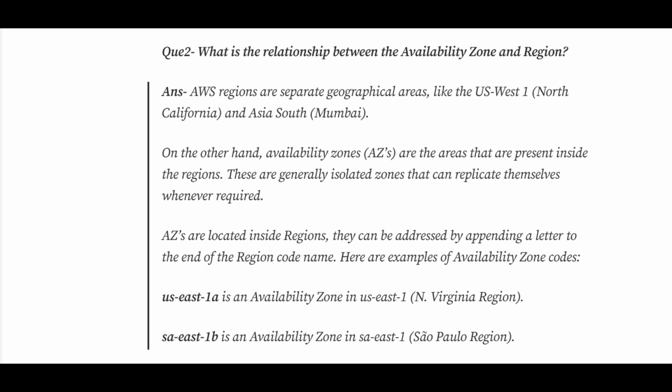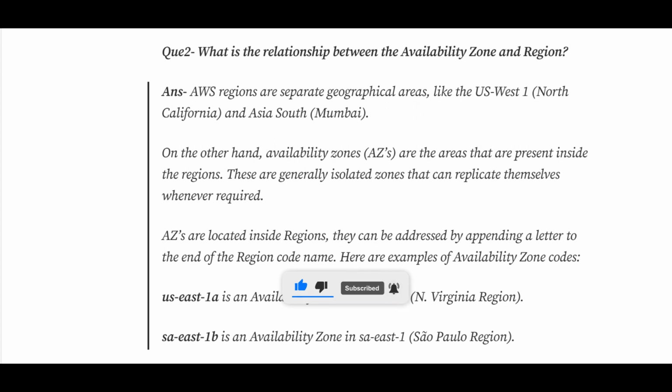AZs are located inside a region. They can be addressed by appending a letter to the end of the region code name. For instance, if you write US East 1A, then it is the AZ in US East 1. Similarly, if you write SA-East-1B, then it is the AZ in region SA East 1.